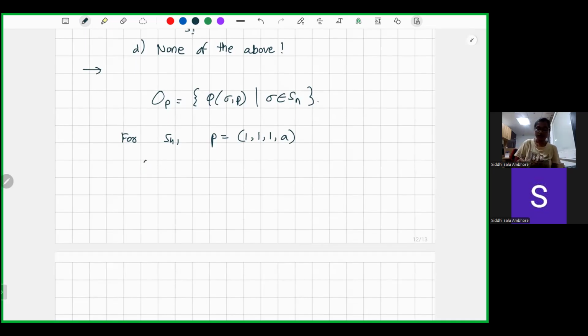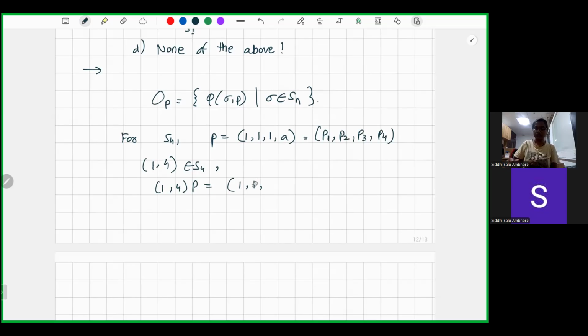So if I take this (2, 4) or (1, 4) in S4 acting on P, then (1, 4) acting on P will be just (A, 1, 1, 1). Let me call this P1, P2, P3, P4.